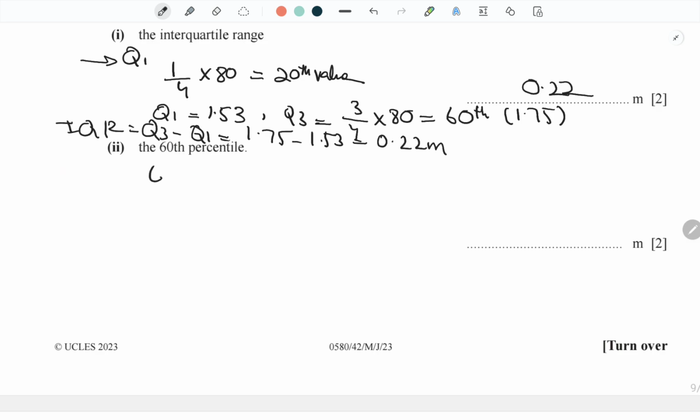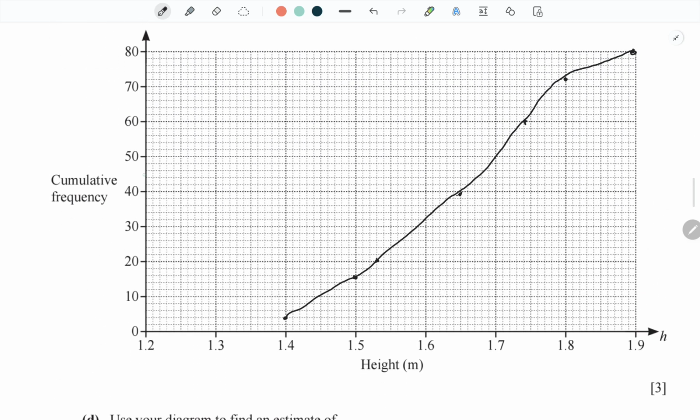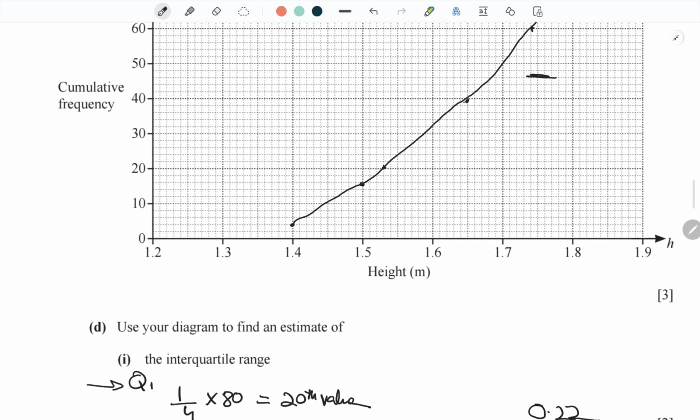Okay, so 60th means 60 over 100 times the total. So we calculate this, we get the 48th value. Right, now we see what the 48th value is here. So this is the 50, and the 48th value becomes here, something between them on this position.